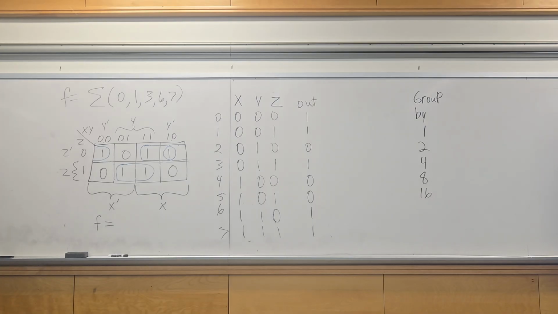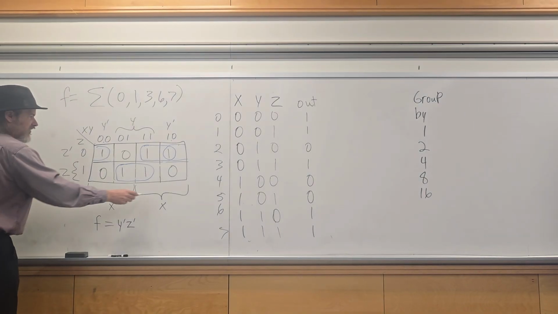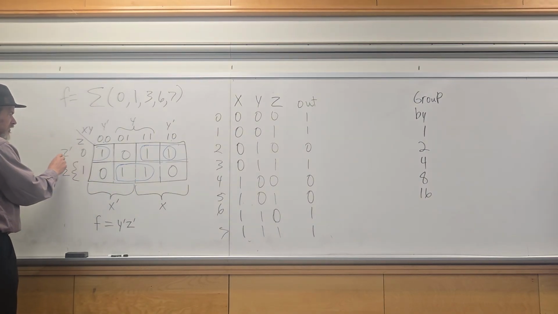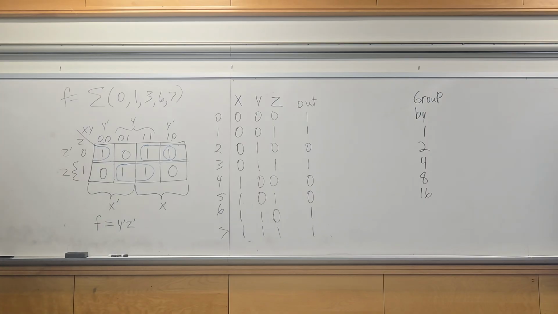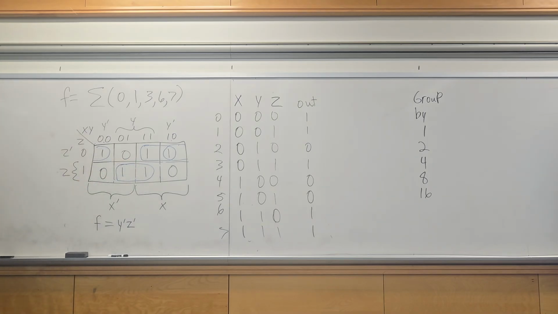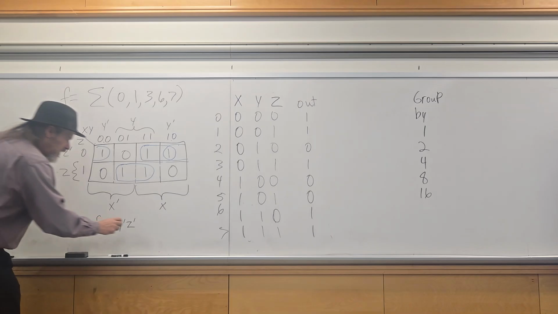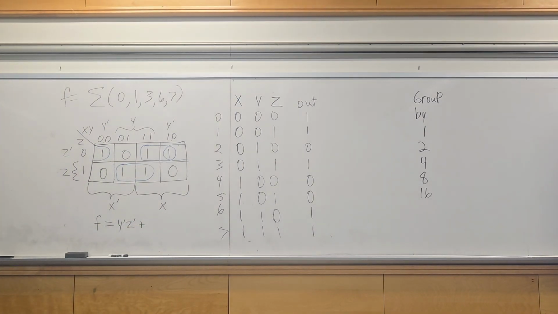So we'll start with that group. Z prime, y prime, z prime. Because the x doesn't matter. These two ones are in z prime and in y prime. So that's a group. What about this group? What would the term be for that group? Z prime what?